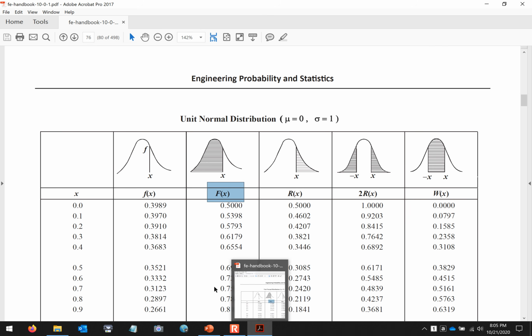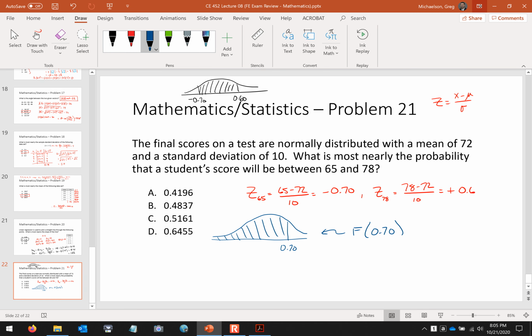And that gives us an area under that bell curve of 0.7580. Well, for the 0.6, let's say this is the negative 0.6.